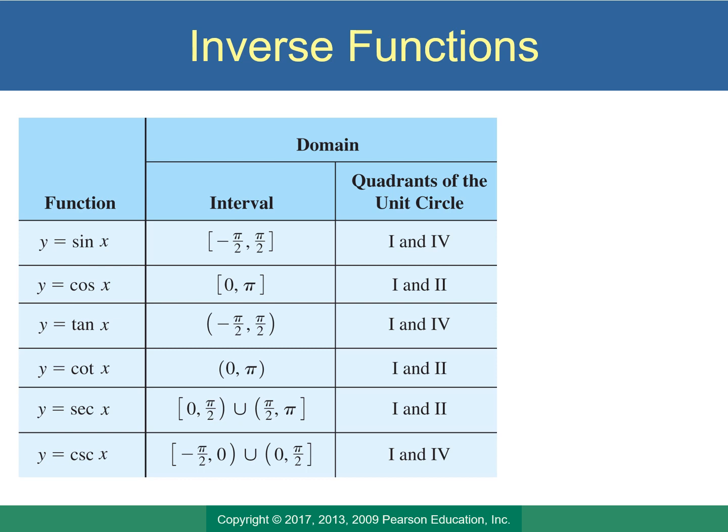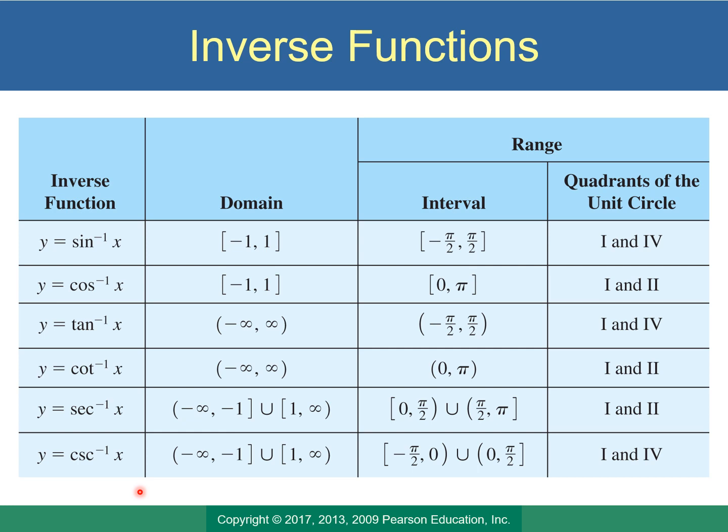Now, for our inverse functions, think inverse means opposite, so these restricted domains now become the range. Notice the notation changed for our function. We now have inverse functions, and what was the domain is now the range. The new domain is what used to come out of your functions.